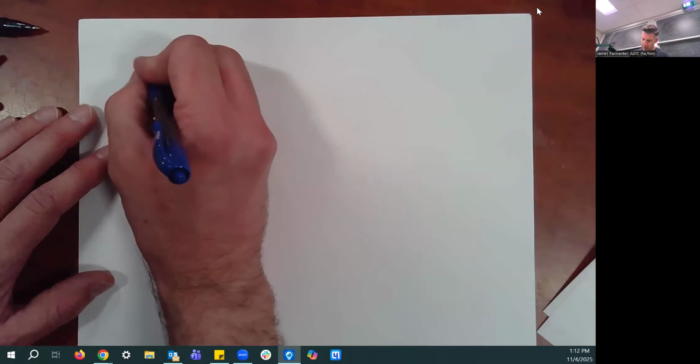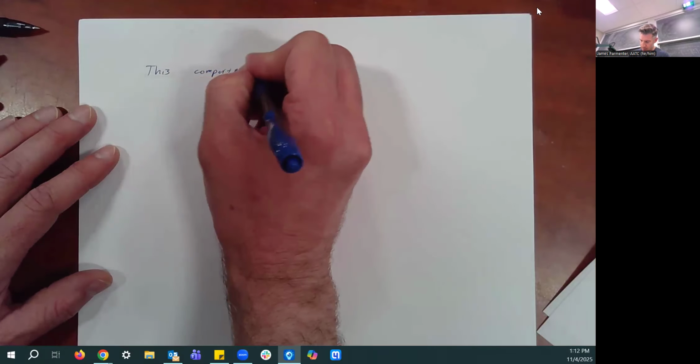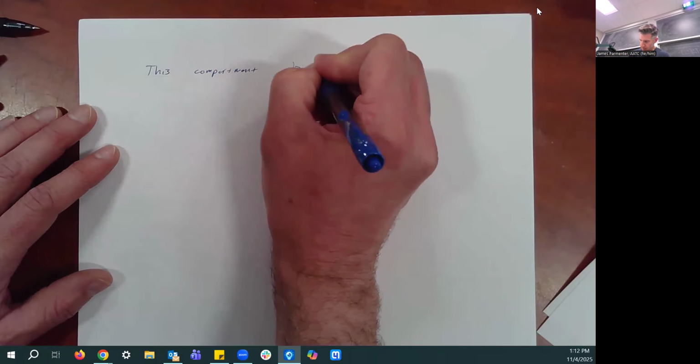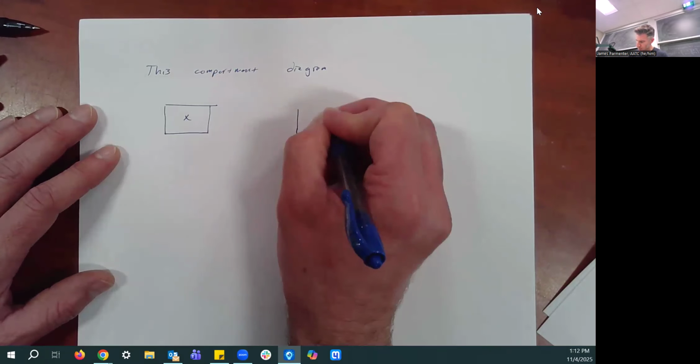So let's say this compartment diagram looks like this. We've got X here, we've got Y over here.